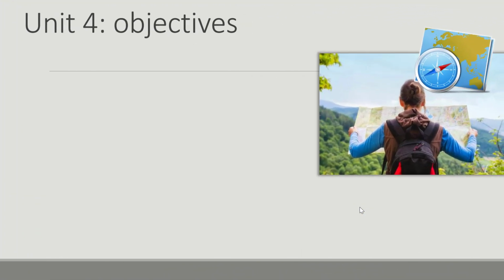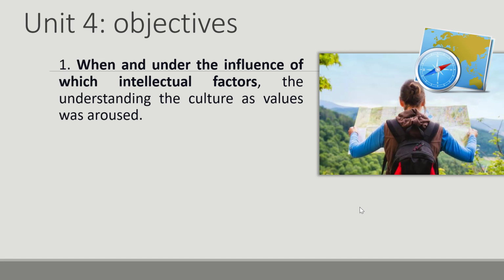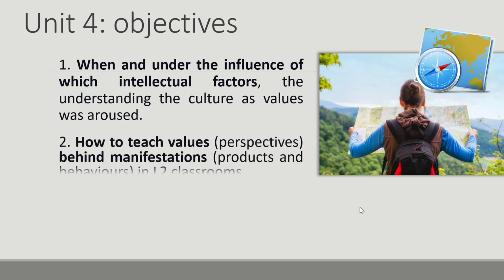In this unit, we will try to find the answer to the following two questions. When and under the influence of which intellectual factors did the contemporary understanding of culture as values arise?